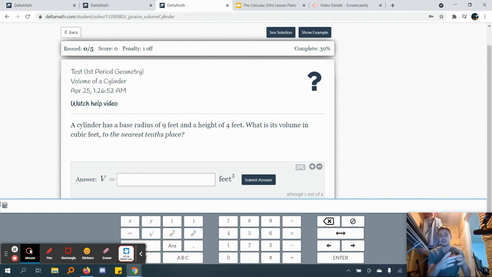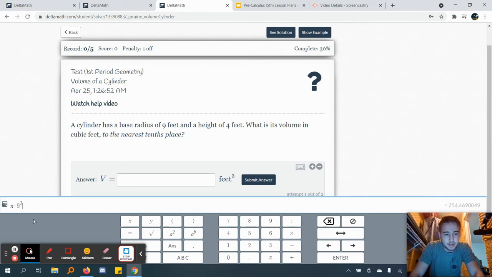It's like it's going to take up this much space in 2 dimensions multiplied by its duration, so to speak, in the third dimension. So that means we're going to do pi times 9 squared, because that's going to be our r. So pi r squared. And then we're going to multiply it by 4 for the height. We get 1017.87. That rounds to 9.